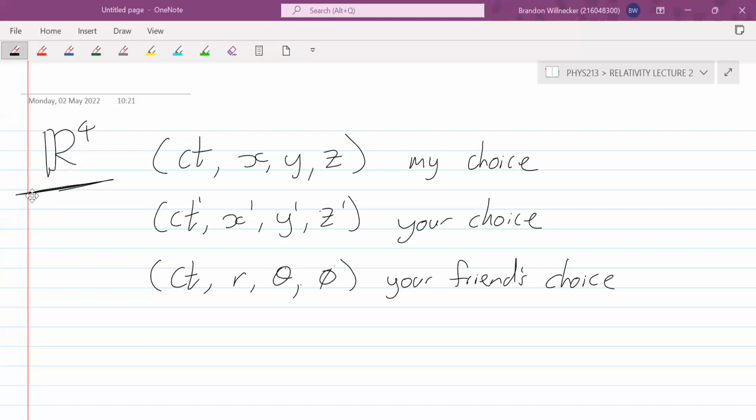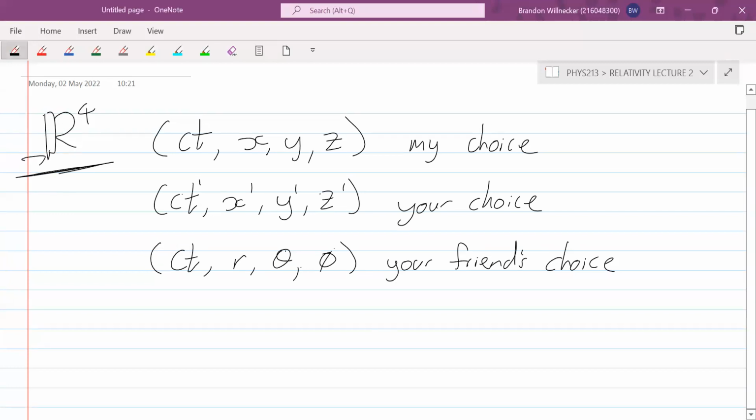If you did the homework from last lecture, you would have seen the differences between using the different metrics. If you use the Minkowski metric to calculate the distance of a world line, you get one answer. If you use the Pythagorean Euclidean metric, you get a different answer. So it really does affect what you can measure.